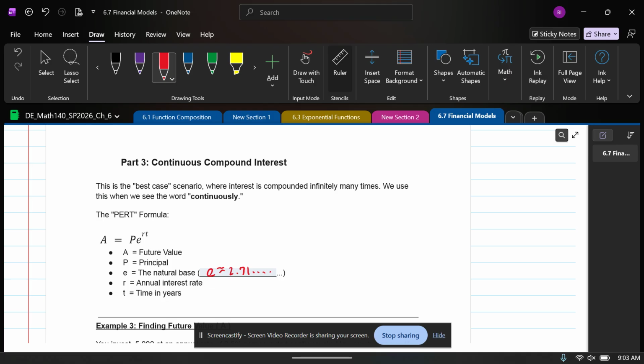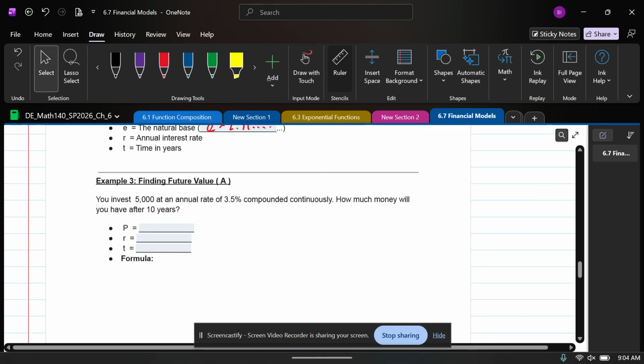Same stuff. You're going to see the word continuously in the problem. Okay? If it's compound interest like the other formula, you're going to see compounded monthly, quarterly, daily, something like that. If it's a continuous interest problem, you're going to see the words continuously or continuous interest. That's how you're going to know that that's the formula you're going to use.